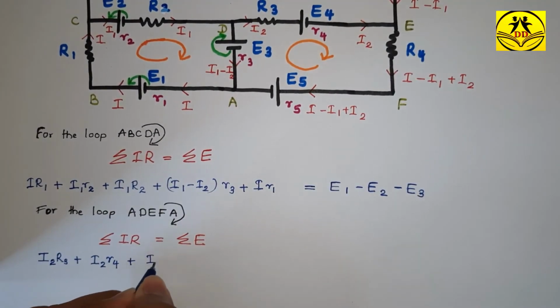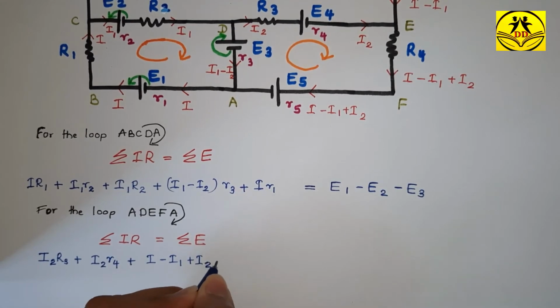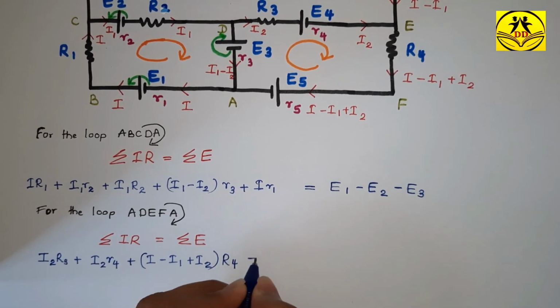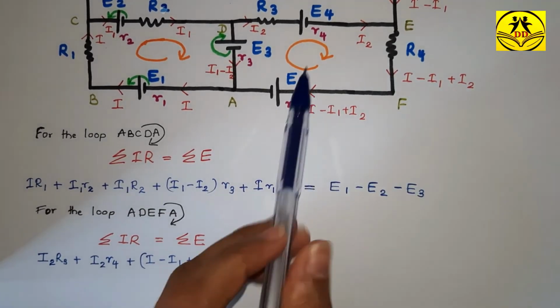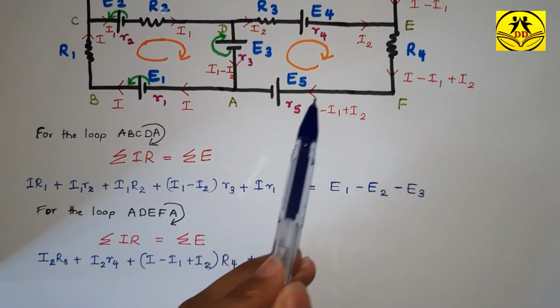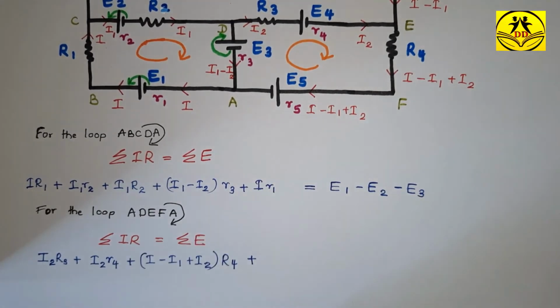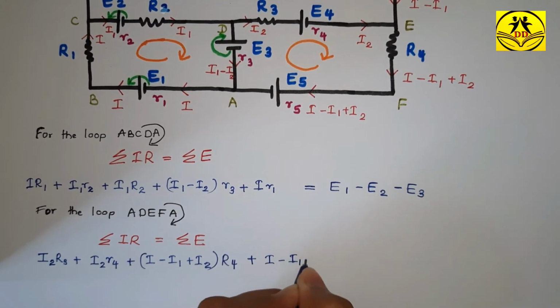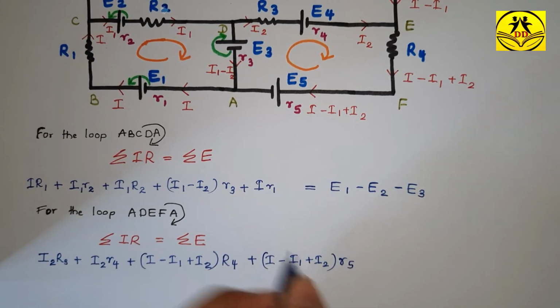So plus I2 R4. Direction of the loop, direction of the current, same here again. Here I2 times R5.